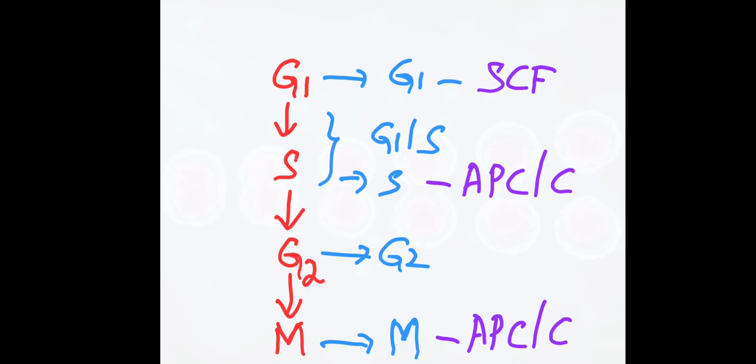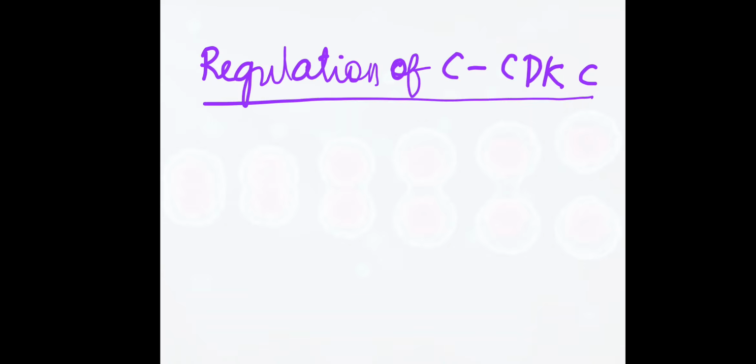Several additional mechanisms also control CDK activities at specific stages in the cell cycle. These mechanisms are regulation of the cyclin CDK complex. It is regulated by ubiquitination.